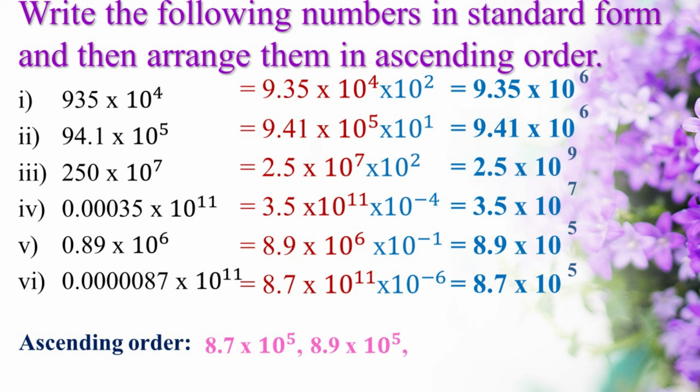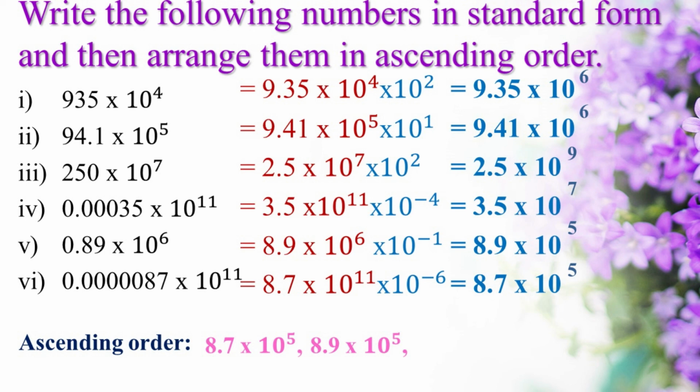What is the next greatest power after the first one? 6. There are also two numbers with the power 6: 9.35 into 10 to the power 6 and 9.41 into 10 to the power 6.